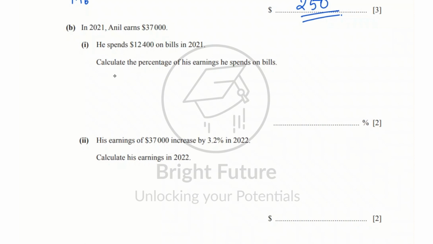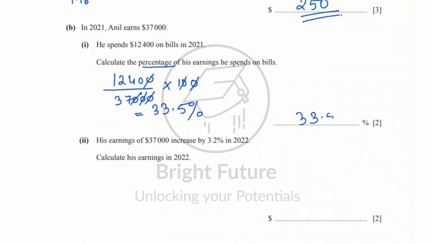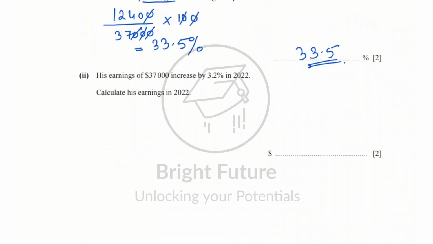You just have to take a fraction: spending upon the total earning, multiplied by 100 because it's a percentage. 1 mark for this step, 1 mark for your final answer.